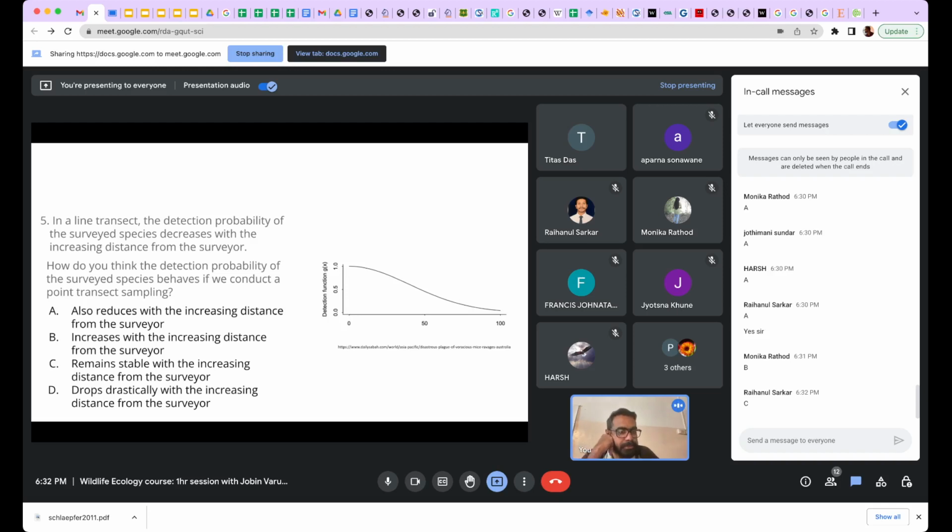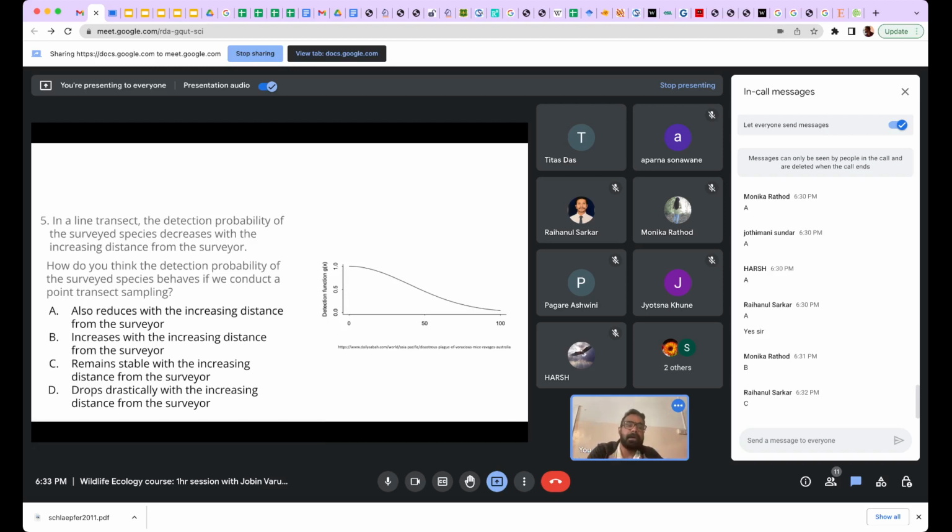So, according to Monica and Rehanul, if I am at one location, the probability that I see a bird which is at 2 meter distance, and the probability I see the same bird at 20-meter distance, according to Monica, the probability of seeing the 20-meter distance away bird would be more than the probability of seeing the 2-meter away bird. And according to Rehanul, the probability of seeing the bird at 20-meter distance is equal to the probability that I see the same bird at 2-meter distance.